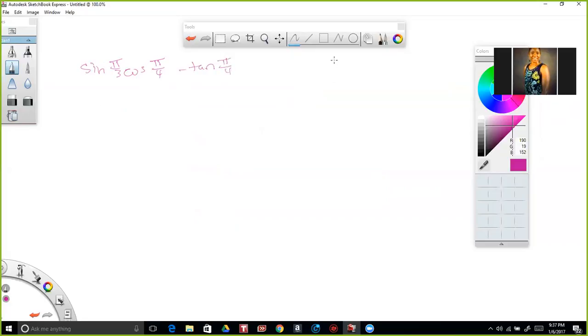Well, when we look at the triangles, we don't see any radian forms, right? We're given degrees. I think the first one was a 45-45-90 degree triangle, so you have 1, 1, and the square root of 2. And let's look at the second one.